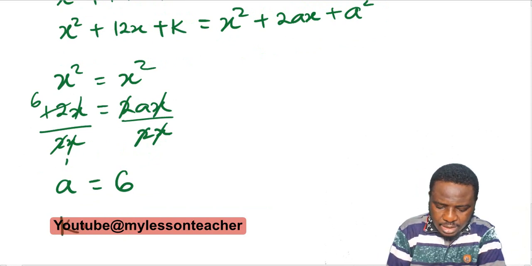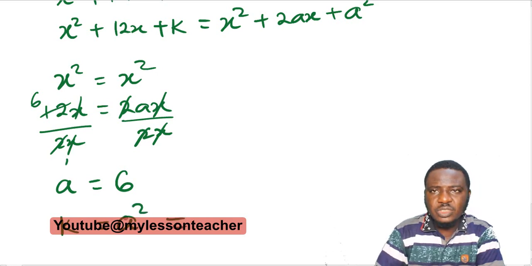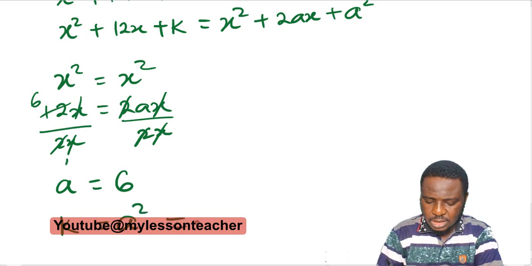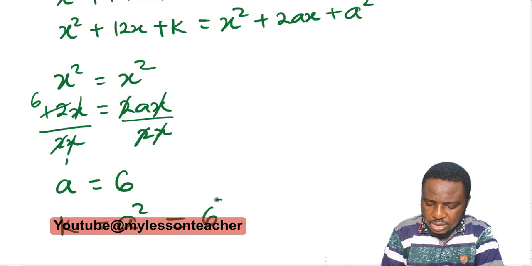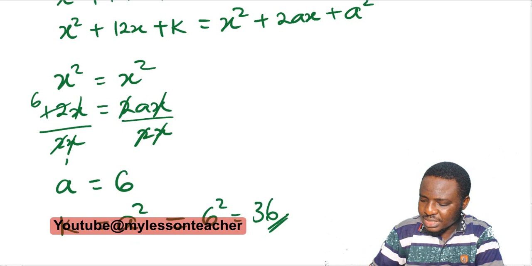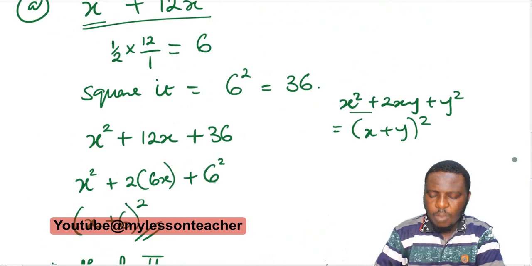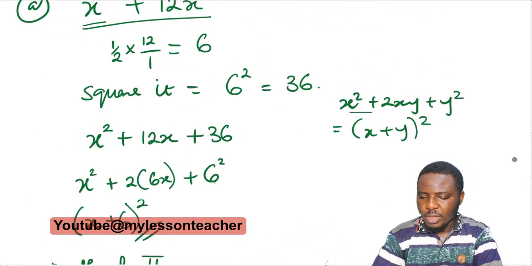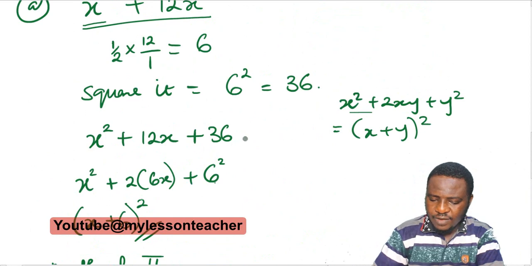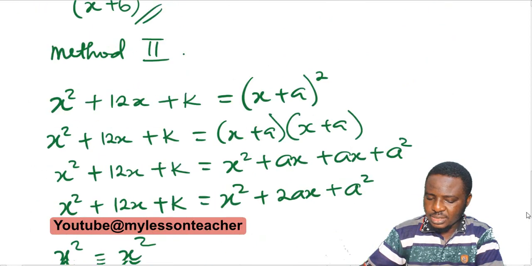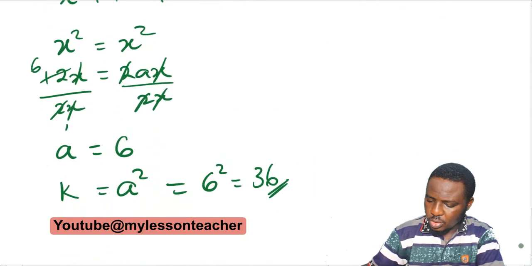Then we have it that k is equal to what? a squared. And a has already been given to be 6. So k becomes 6 squared, which is 6 times 6, and that gives us 36, which is the same as what we got from method 1. Then you can go ahead to factorize it and arrive at x plus 6 all squared.